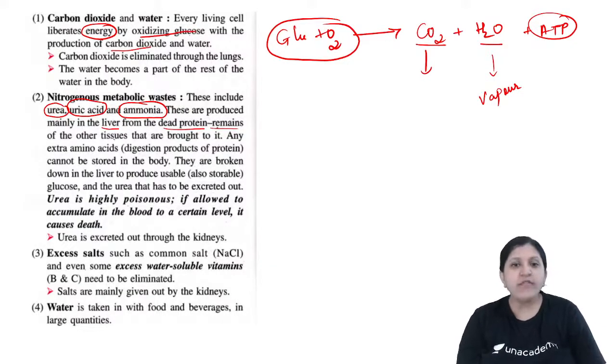Any extra amino acids, that is digestion products of protein from the other tissues brought to the liver, cannot be stored in the body. So they are broken down in the liver to produce useful, usable, or storable glucose. There is formation of organic acid or glucose, and the urea.